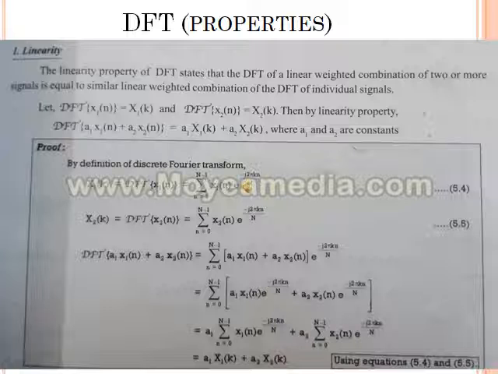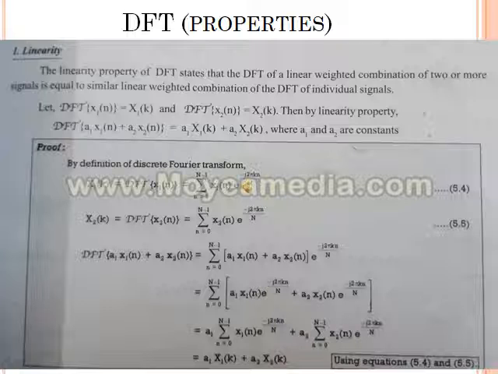And what is the principle of homogeneity? If we multiply the input by some scalar, the output is also multiplied by the same scalar. For example, if we multiply x(n) by 3, y(n) is also multiplied by 3. So this is the homogeneity principle, and linear systems obey both principles.